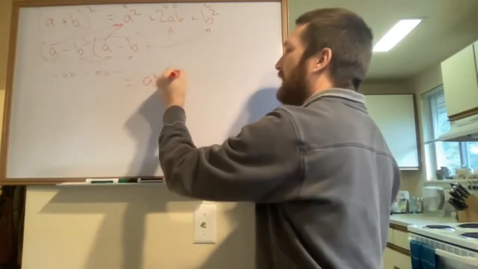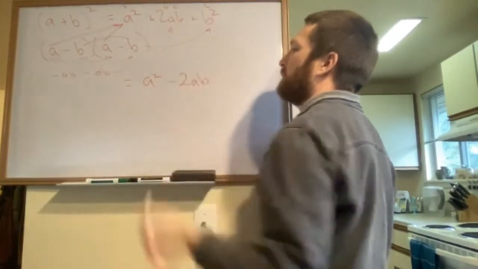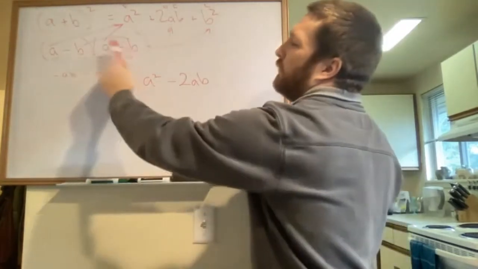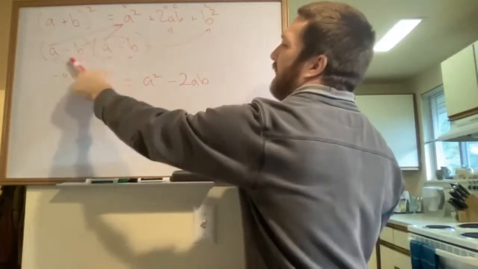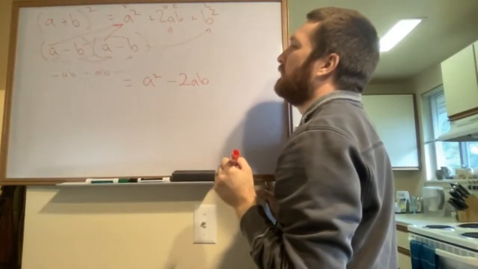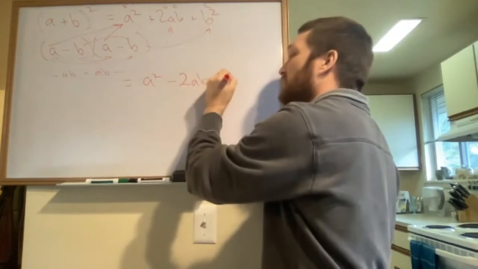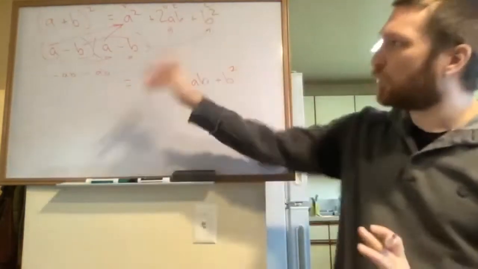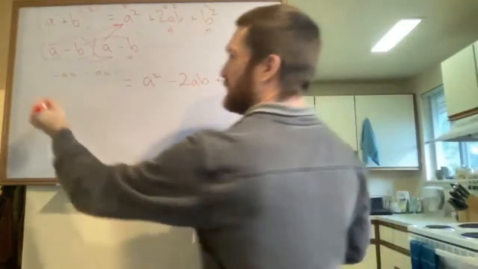And we would have minus 2ab. Finally, my last: what's my last in this case when they're both negative? What's that times that? Negative b times negative b is plus b squared. Squared, right?